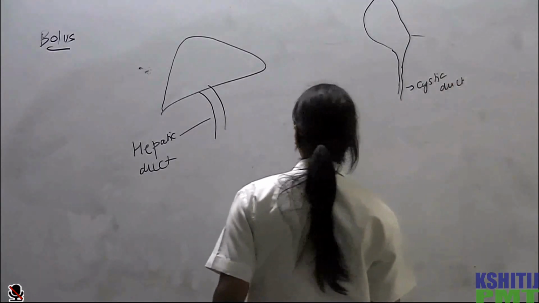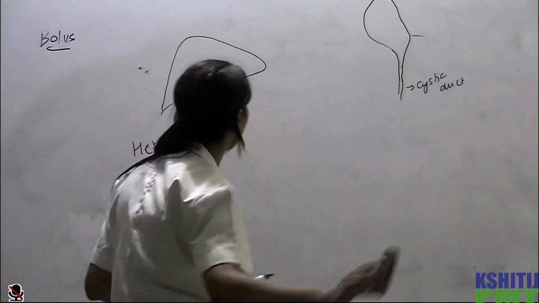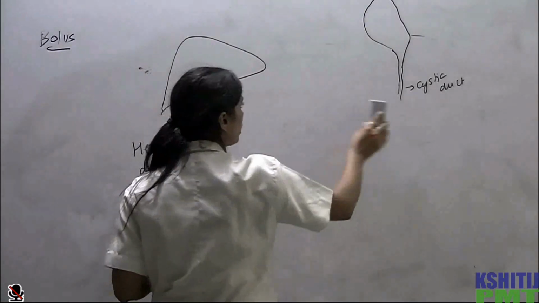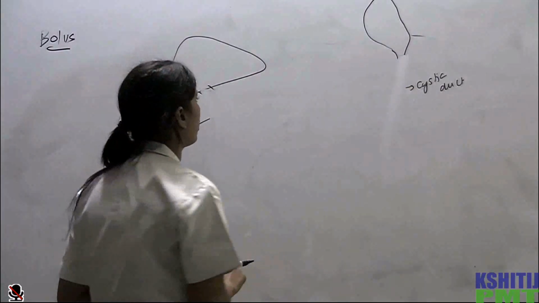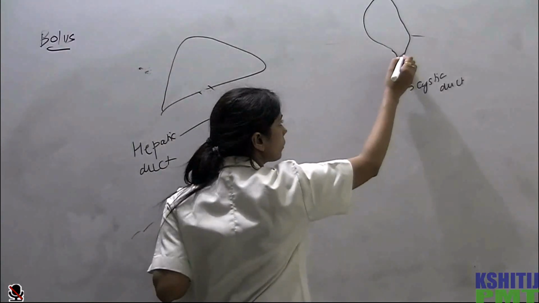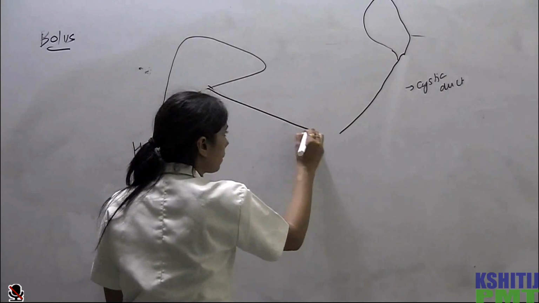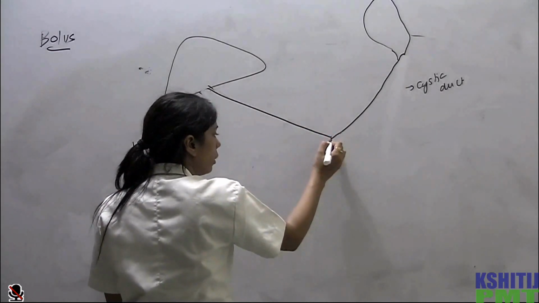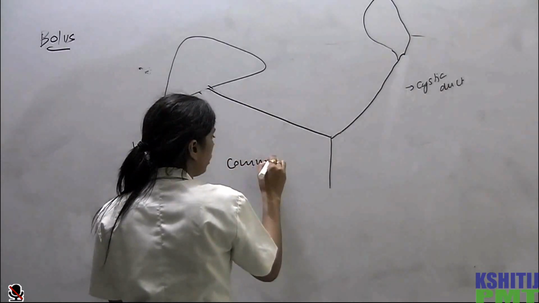Now this cystic duct and the hepatic duct will combine together and form a common duct. So this is called the common bile duct.